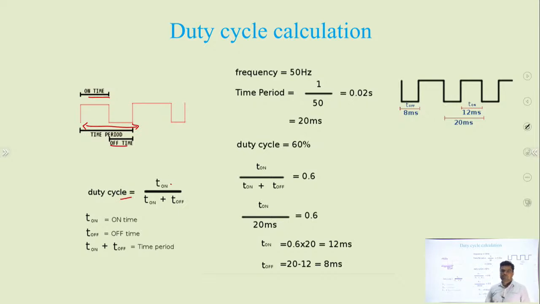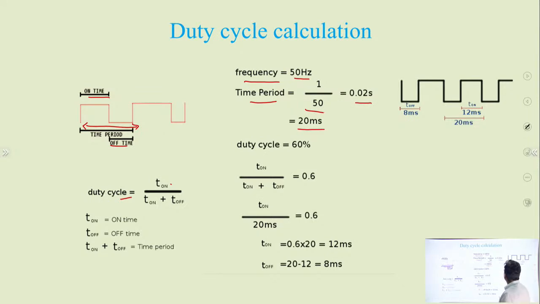Let us take an example of how to calculate the on time and off time of a circuit. Let the supply frequency be 50 hertz. Then the time period will be 1 by 50, that is 0.02 second, which means 20 millisecond.